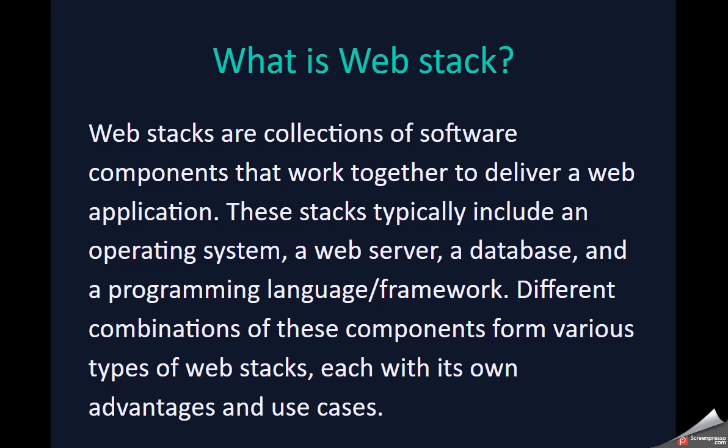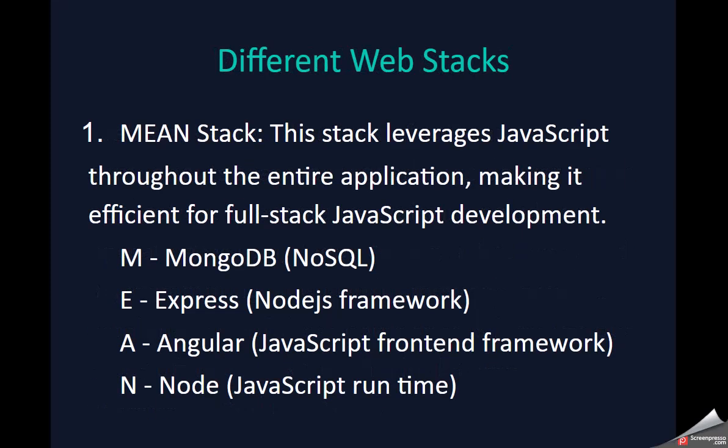It is just like a well structured path in programming, right? If you use this particular language and this particular framework for the front end, and for the back end you use this particular language, you are in a particular web stack, right? So that is what we are talking about. So we have different types of web stacks.